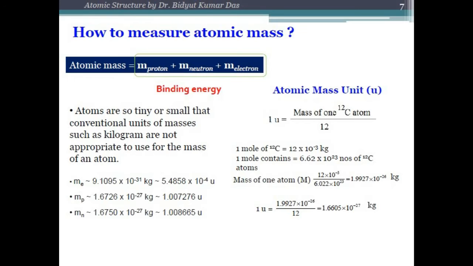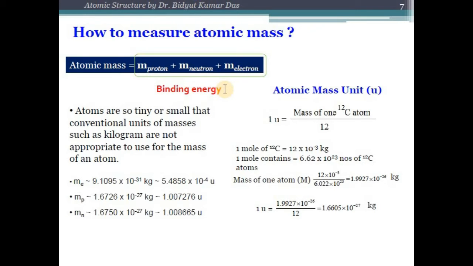Now let's talk about how to measure atomic mass, or what the atomic mass is. We know that an atom is composed of protons, neutrons and electrons, and each of these particles has a definite mass. So if we add all these masses together, it should be the mass of the atom. Practically this is true, but unfortunately, if you add the proton, neutron and electron masses together, the atomic mass is always less than the total mass of these particles because of the binding energy.